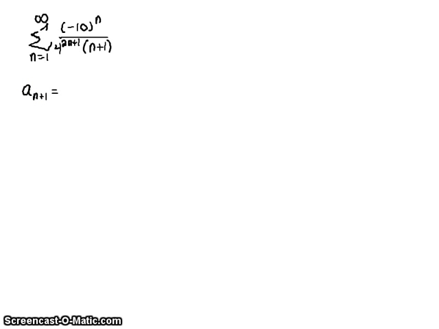So a of n plus 1 is going to be negative 10 to the n plus 1 power over 4 to the 2 times n plus 1, plus 1 power, times n plus 1 plus 1. So everywhere we had an n is now an n plus 1.